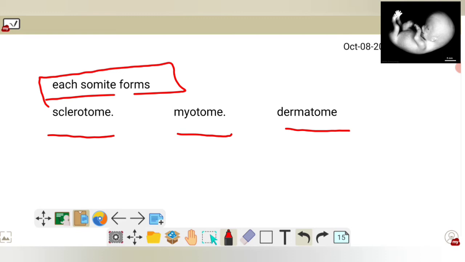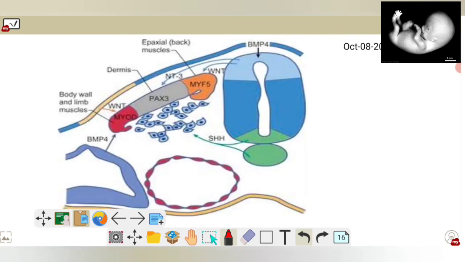Each somite forms a particular cartilage, a muscle and a skin. All are supplied by the same nerves. Each myotome and dermatome also has its own segmental nerve component.